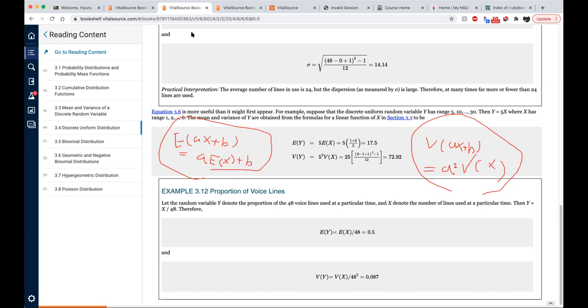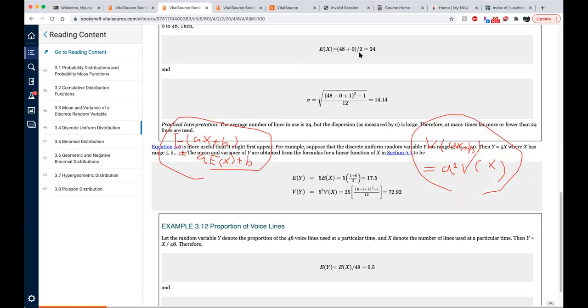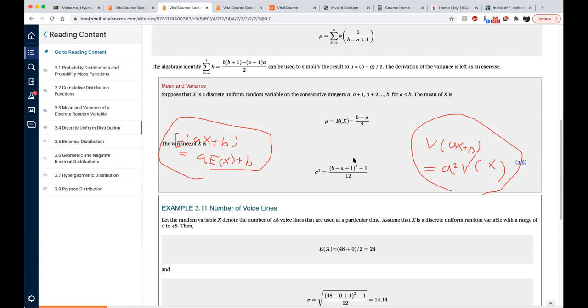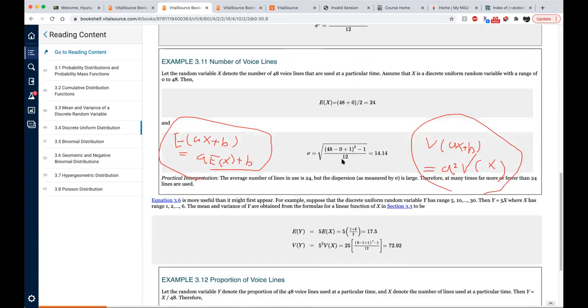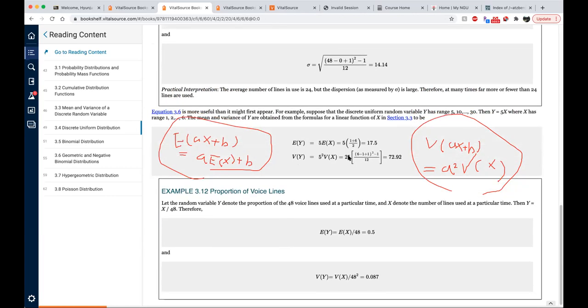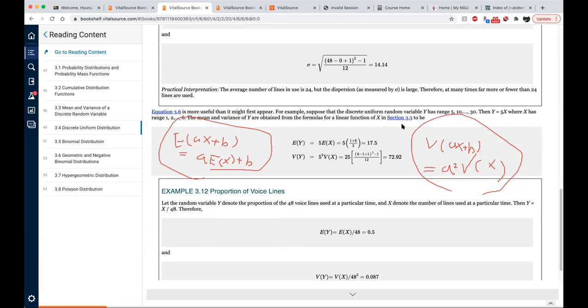Anyway, E of y is 5 times E of x, and we know E of x. How can we apply that formula to the random variable x? Here the random variable x is a discrete uniform random variable, 1 through 6.